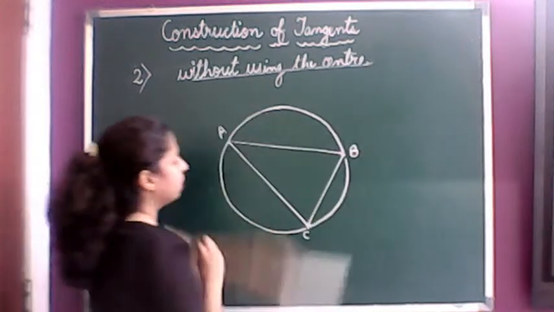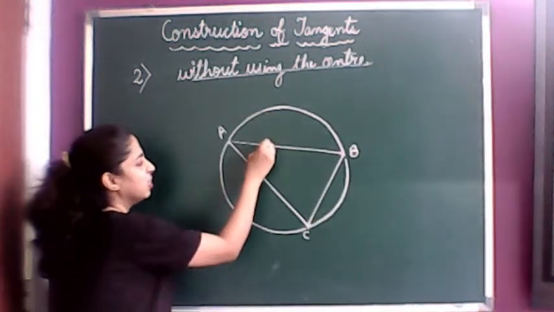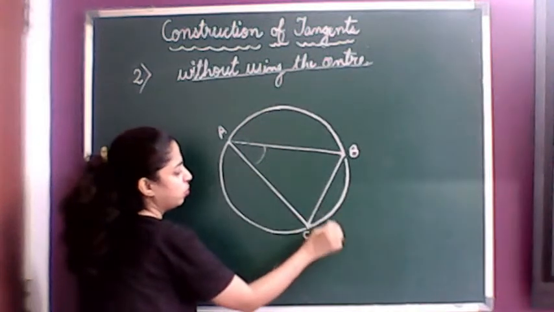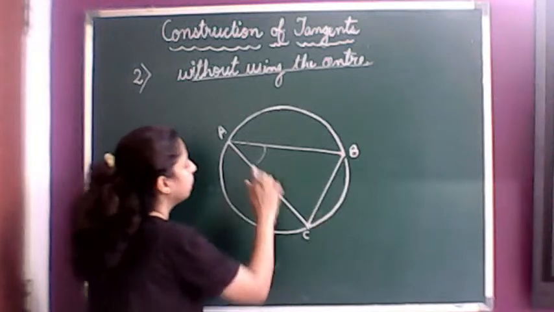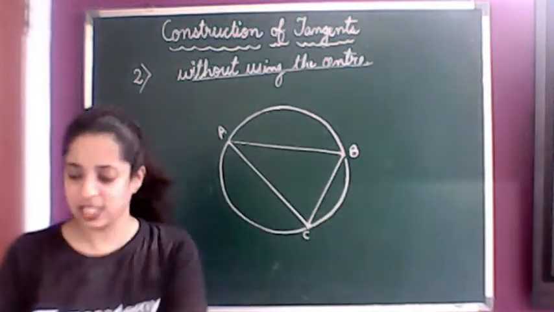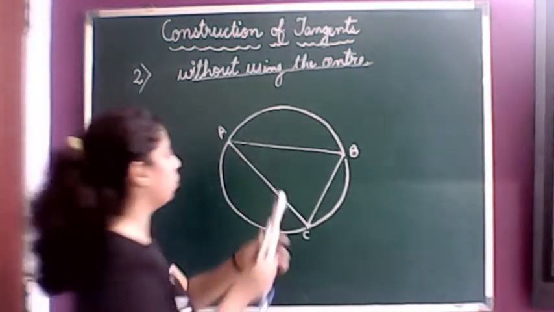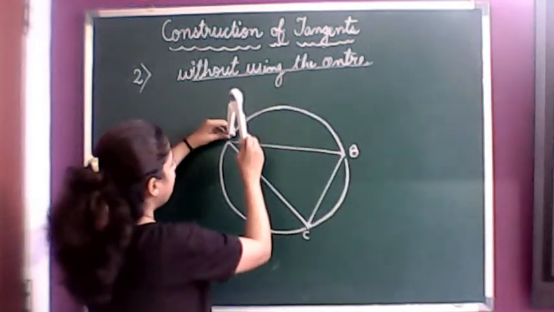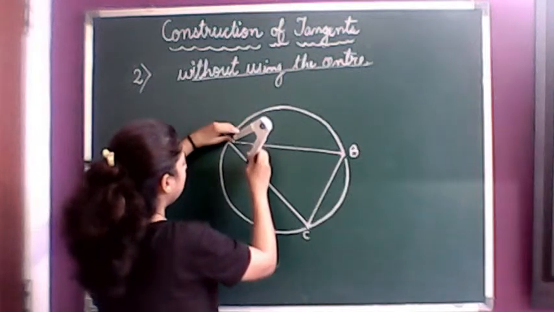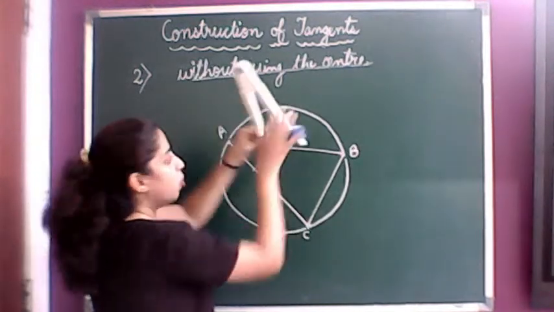Clear to you guys? Now this angle should be equal to this angle that it makes with the tangent. So let's do it. For this, you have to make equal angles. How do you make equal angles? Extend this pointer at A, draw an arc. Don't change the measure.